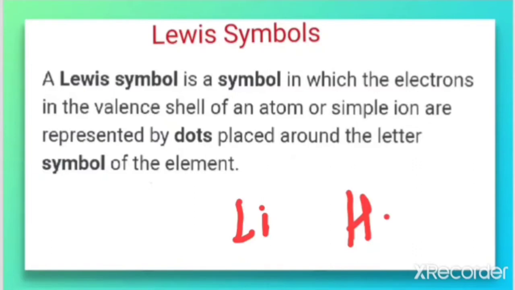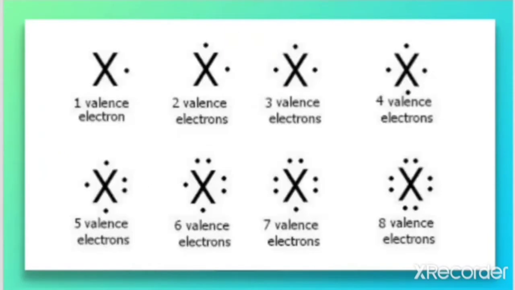The number of valence electrons, that is, the electrons present in the outermost shell, is represented in terms of dots. So there is only a single electron, and it is represented by a single dot. Depending upon the number of electrons, we can represent the element.